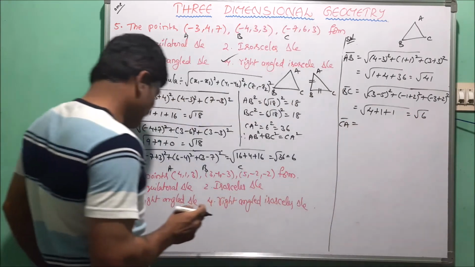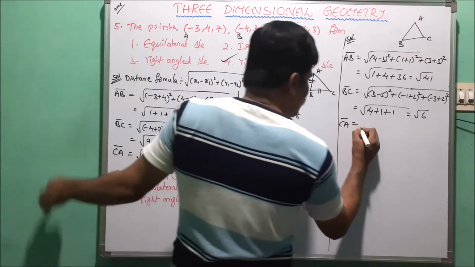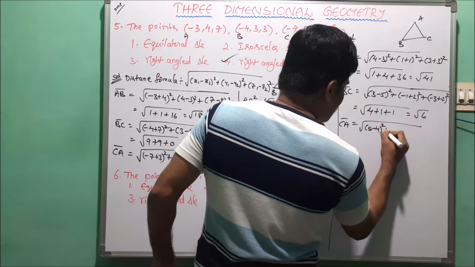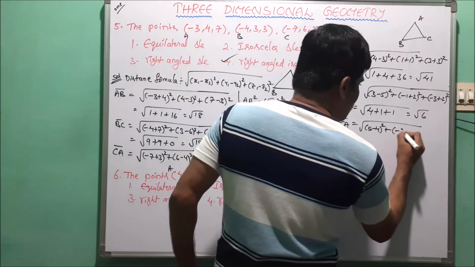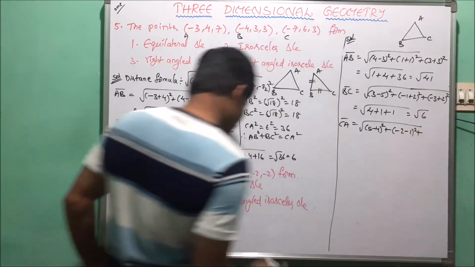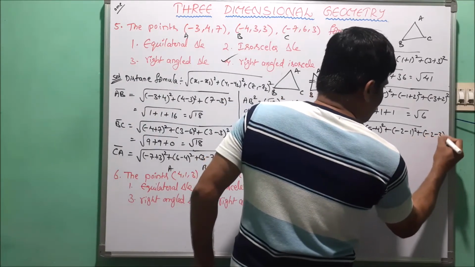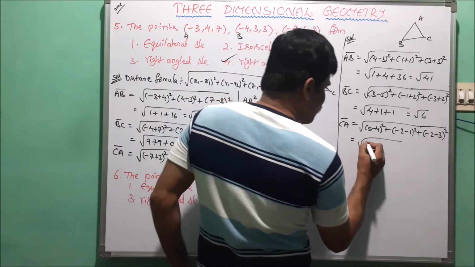So next we find CA. We take C and A: square root of 5 minus 4 whole square plus minus 2 minus 1 whole square plus minus 2 minus 3 whole square. Now 5 minus 4 is 1, square 1.